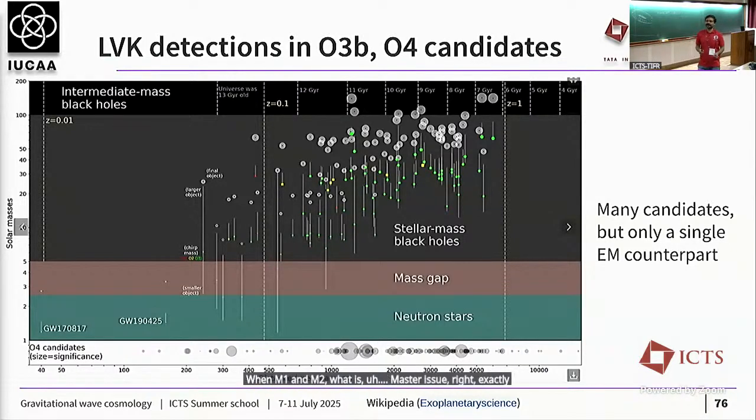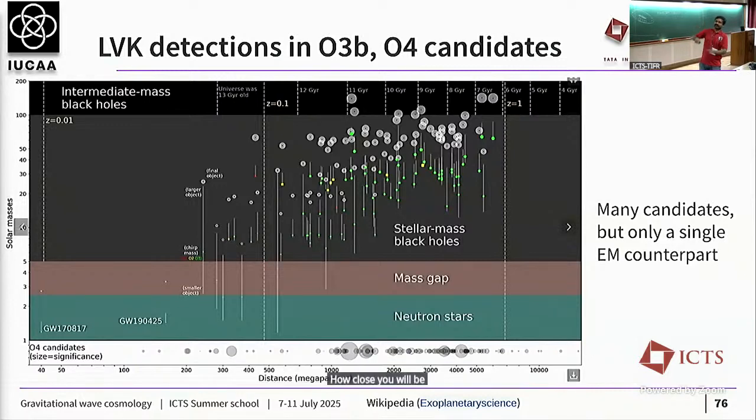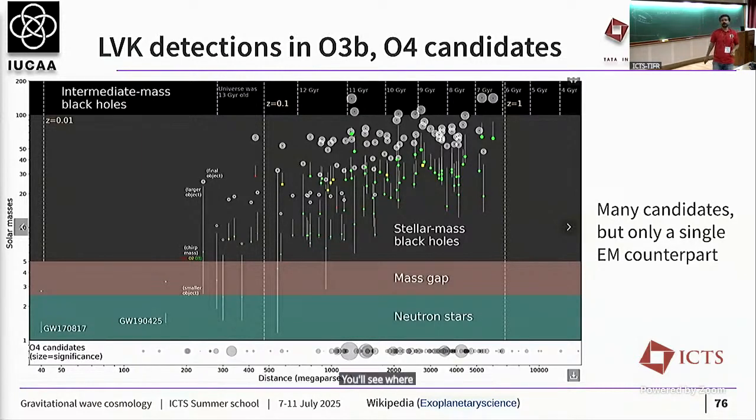That determines how close you will be. No, so again, it depends upon the details of these events. So you get the M1, get the M2, calculate the chirp mass, and you will see where it lies.